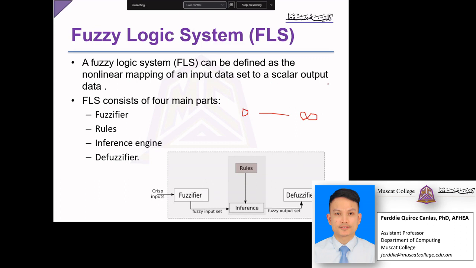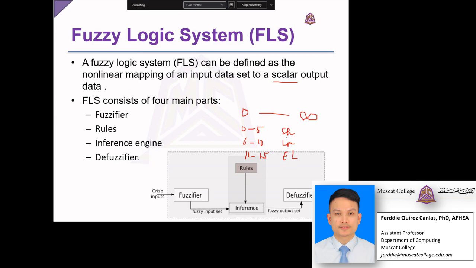When you say scalar, they have scale. Let's say, for example, 0 to 5, this could be short, and then 6 to 10, this could be long. And then 11 to 15, this could be, let's say, extra long or very long. So this is what we call a scalar. We are putting some scales on it.